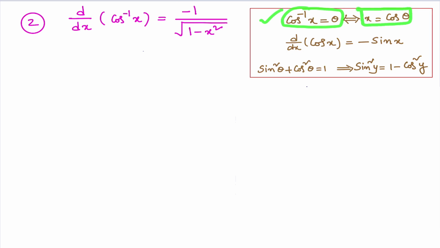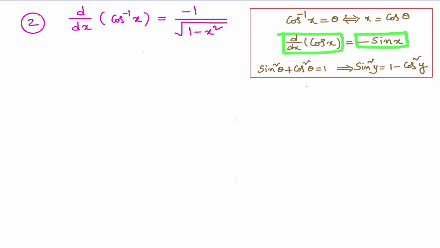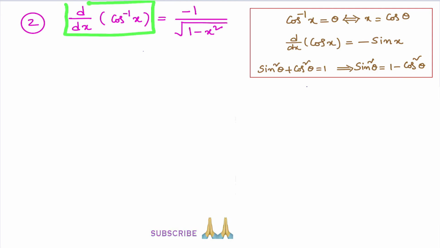This is the formula we learned from inverse trigonometric functions chapter. And second formula, derivative of cos x with respect to x is minus sin x. This is the derivative formula we learned in first class of differentiation. From this, sin square theta is 1 minus cos square theta. These three formulas I am going to use in this result. Okay, first one, d by dx of cos inverse of x.